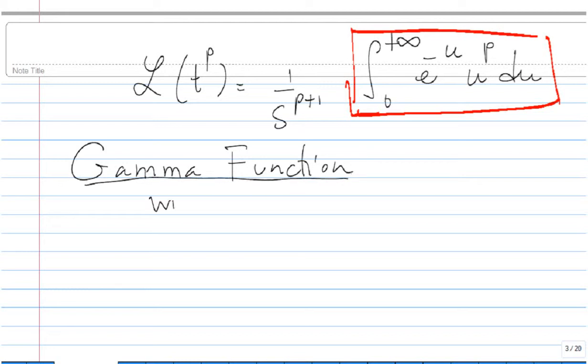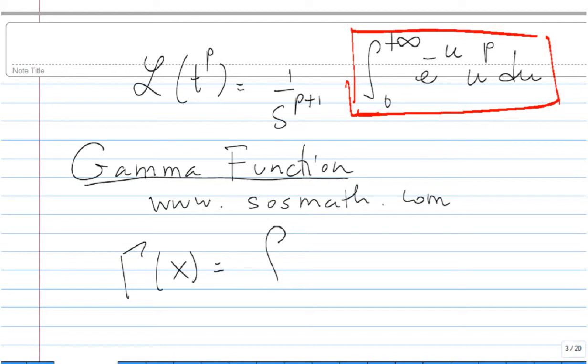So if you go to www.sosmath.com and you search for gamma function, you will find the page that I wrote on this function. So the gamma of x is equal to the integral from 0 to plus infinity of e to the minus t, t to the power x minus 1, dt.